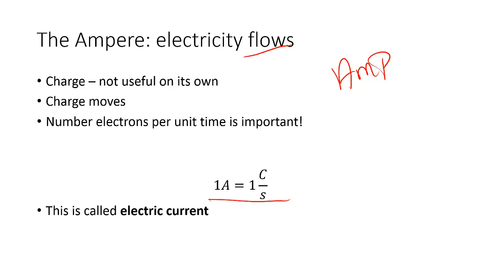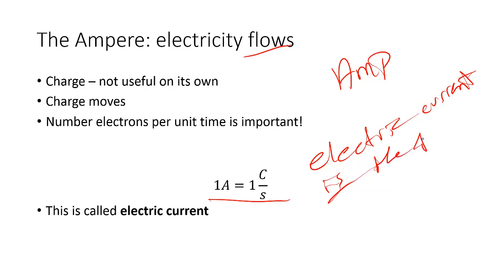And this is known as electric current. So you're going to see this a lot. An electric current is the flow of electrons. So let me just write that down. Okay, so electric current is the flow of electrons.